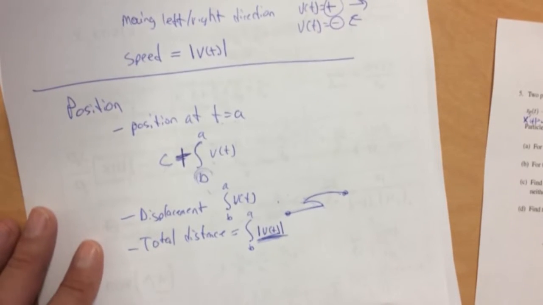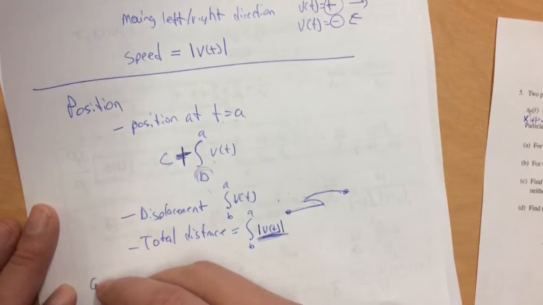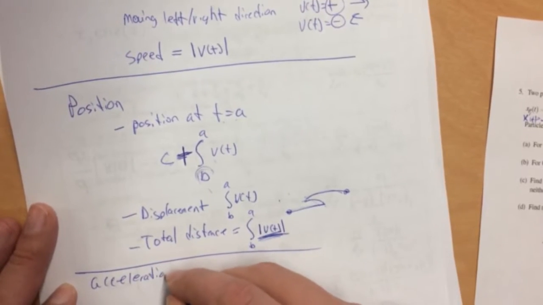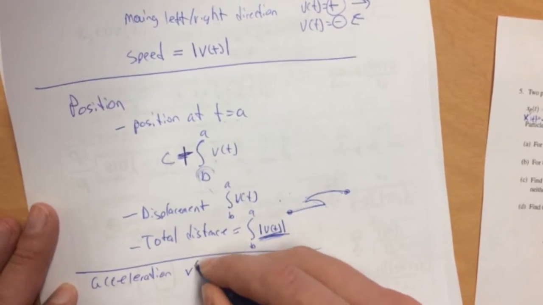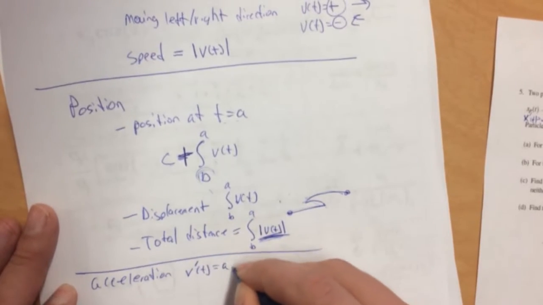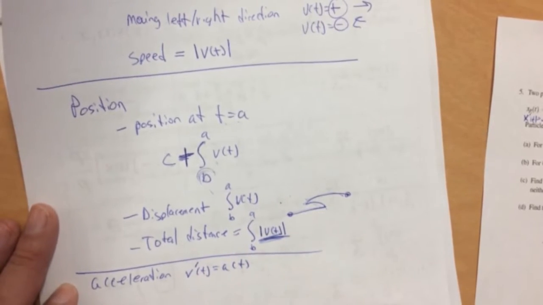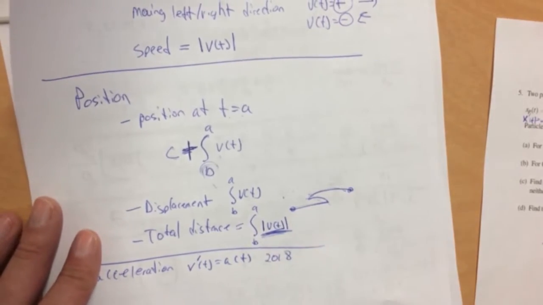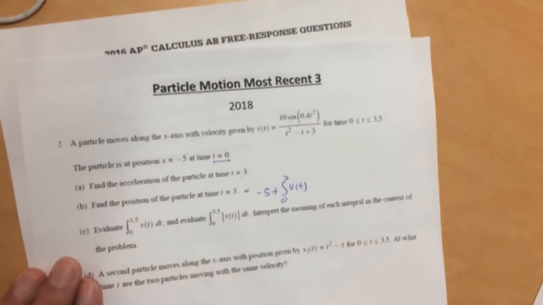The last question they could ask about are acceleration. So things about acceleration. And for this, you need to remember that the derivative of velocity is acceleration. And you need to write this if they ask for the acceleration. You need to say v prime of something. This came up in 2018. It just straight up asked, what is the acceleration at time equals 3?